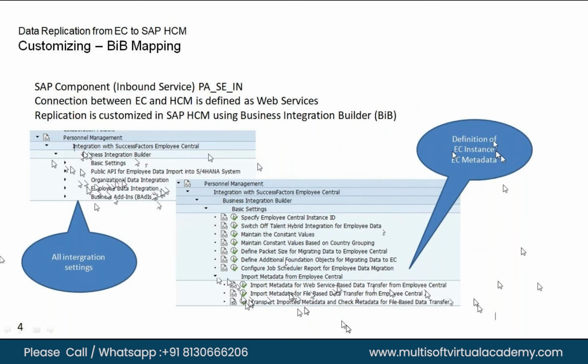Here we have a lot of provisions like subtypes and conversion rules. Even a consultant with minimum knowledge can survive in this BIB, and we can easily troubleshoot where exactly the issue is and what value is coming from SuccessFactors to SAP. That kind of flexibility is given in the BIB.